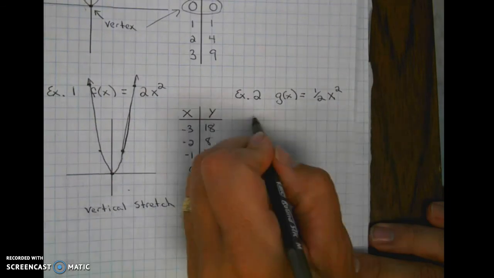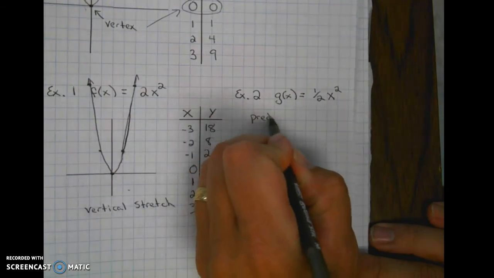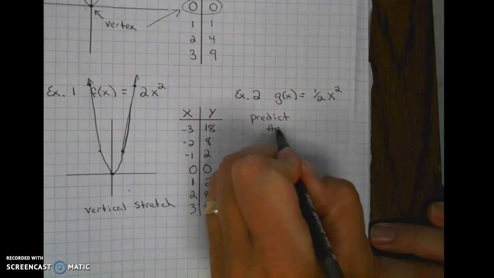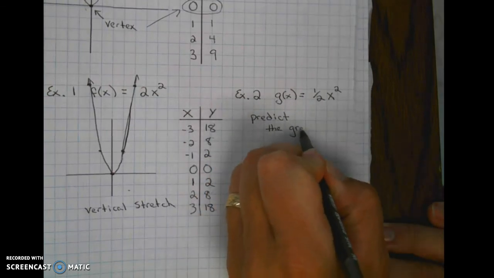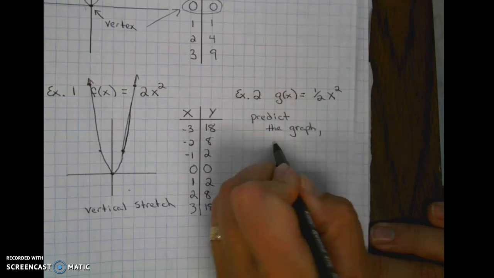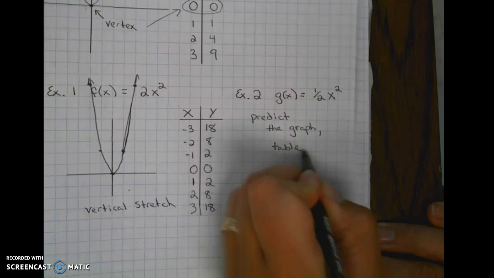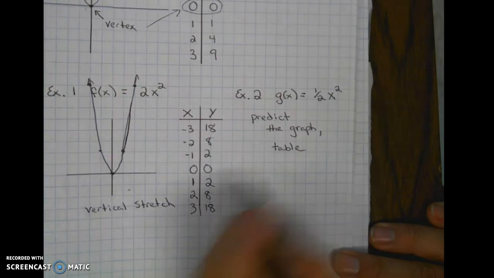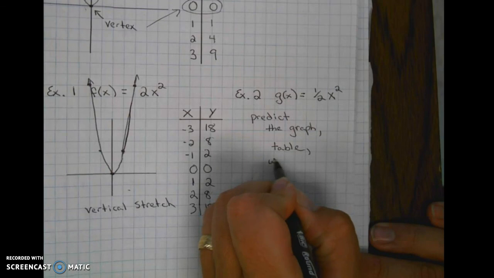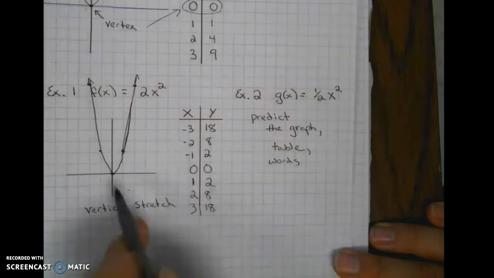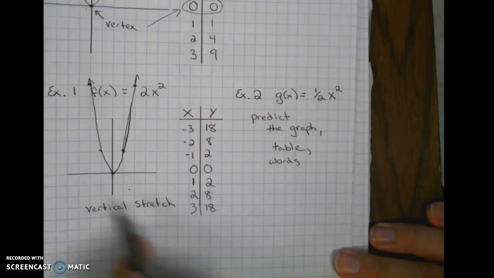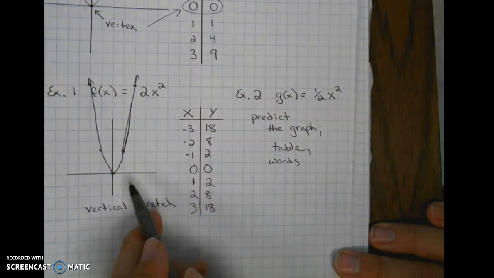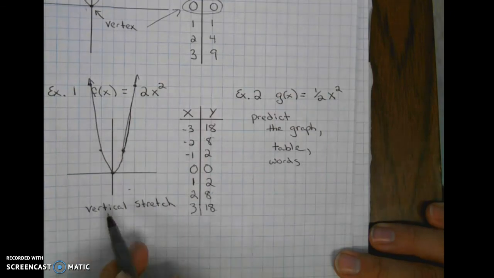Okay, so predict the graph, the table, and what words would you use to describe what is happening? And kind of go by my words, but use your own words. What words would you use to describe what's happening to the graph?